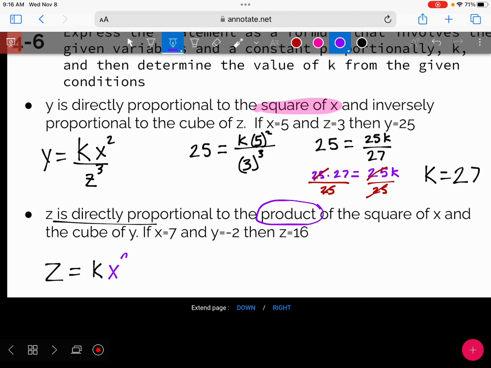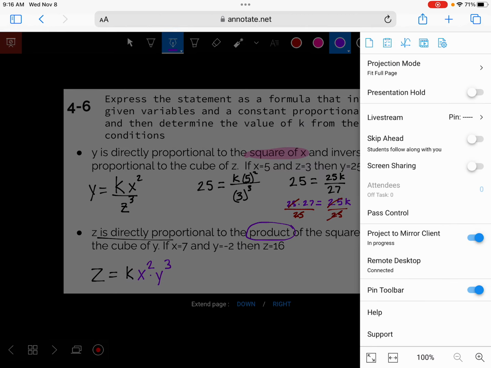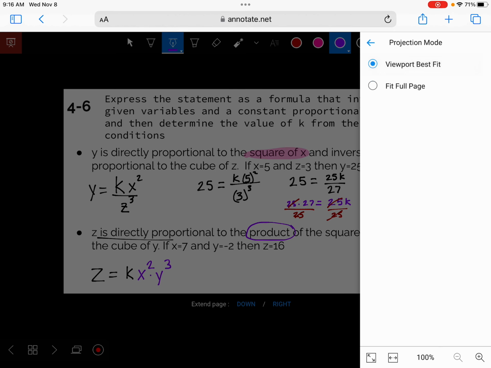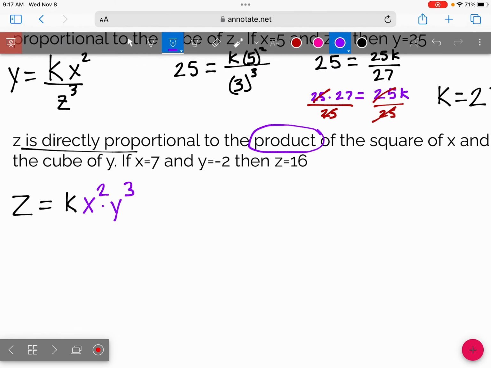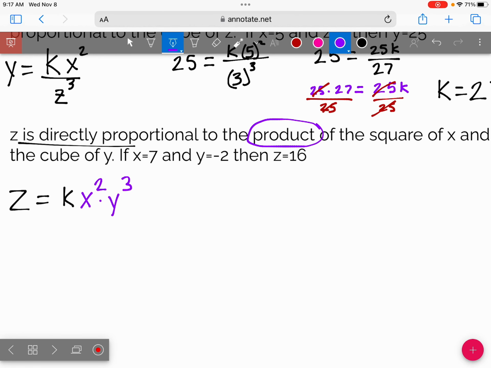Square of x is x squared. The cube of y is y cubed. And the product means we multiply them. There we go. Better? So a lot of seat dancing in the back.